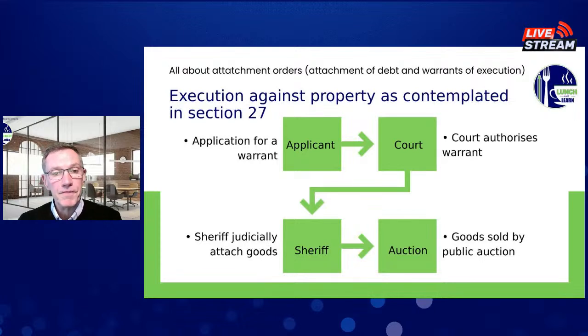So there are a couple of role players in this whole scenario of Section 27, the attachment and the warrant of execution process. We're just talking about the parties involved. First of all, you would have the applicant, usually the complainant, the mother that claims maintenance, and she needs to apply to court for a warrant of execution.